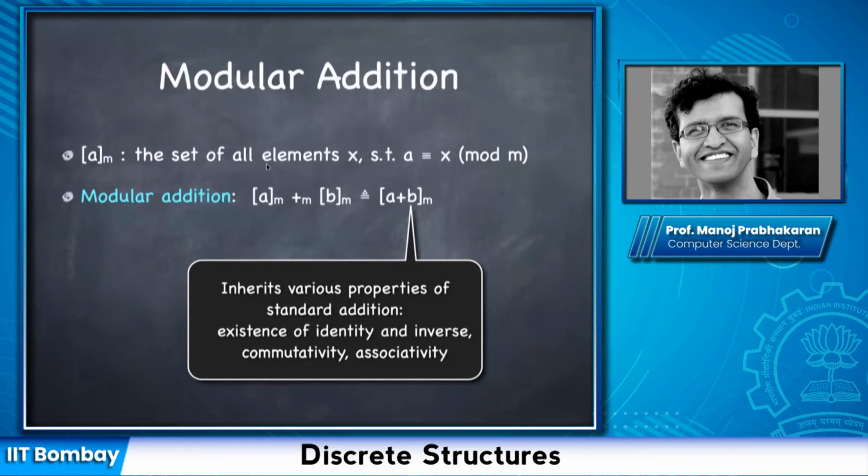Consider the column containing 0 and take a as the element 0, then 0 plus b is just b in standard addition. So you add the column containing 0 to any other column, you'll get back that second column, right? So this column containing 0 is an identity element in this universe of columns.